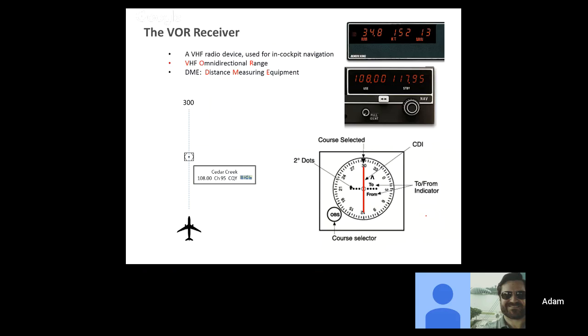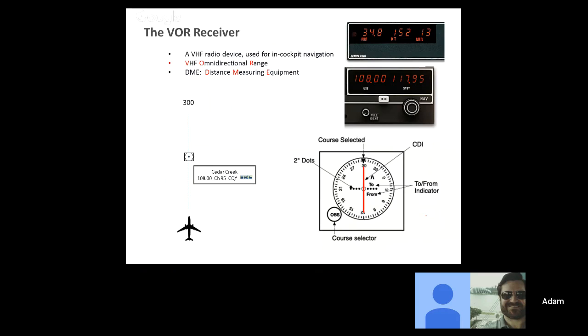So if you're tuned into a VOR with DME capability, you'll be able to tell which radial you're on, meaning which of the 360 bearings, as well as the distance you are from the station in nautical miles.